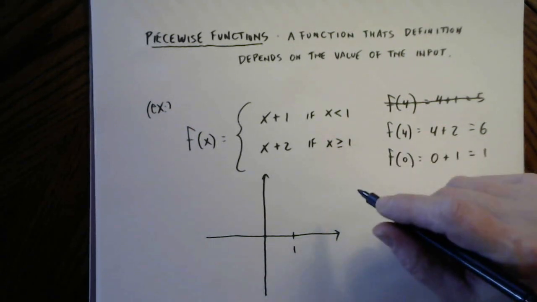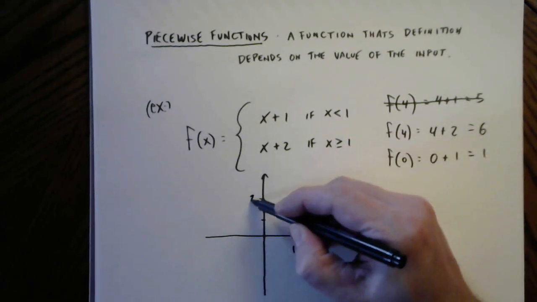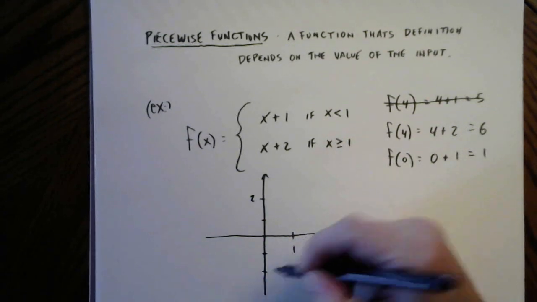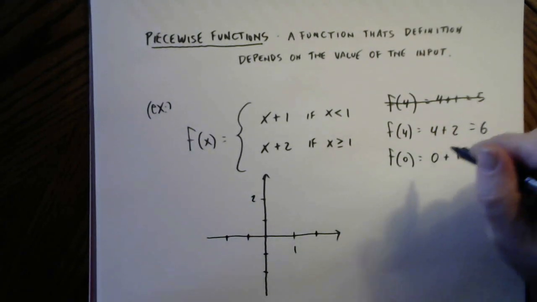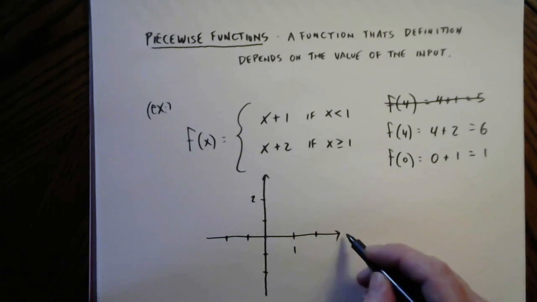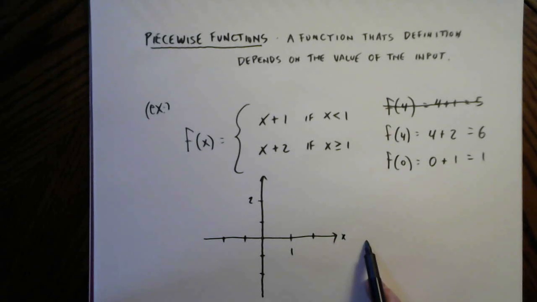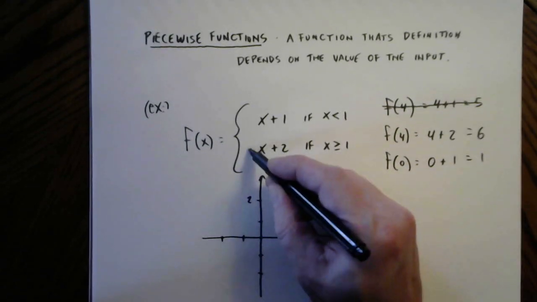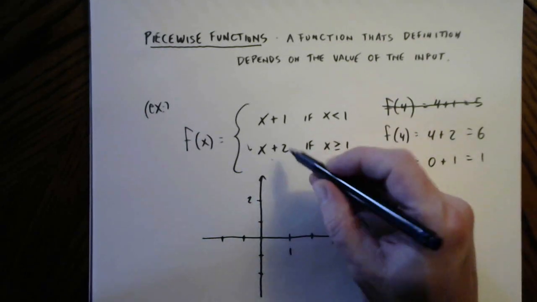So I'm going to add this as well. I'm just going to put a couple tick marks here just to help me out. But what I'm saying is, in this definition, if x is greater than or equal to 1, in other words from here out, I'm using this definition. And that's a line of slope 1, y-intercept 2.